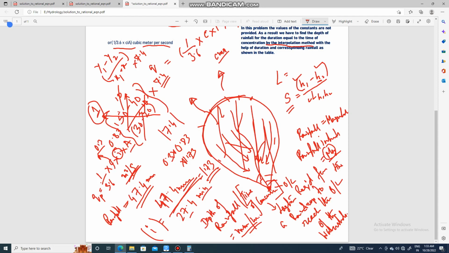So what we have done is we have converted this minute into hour. That is why this ratio into 60 has been done. Okay. So this will give you the Q in cubic meter per second.